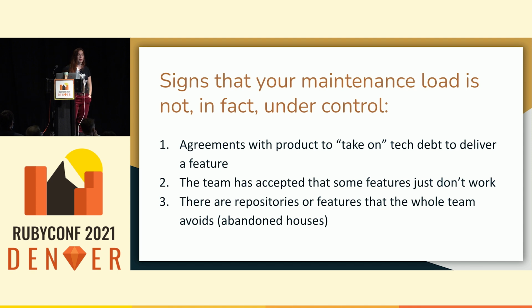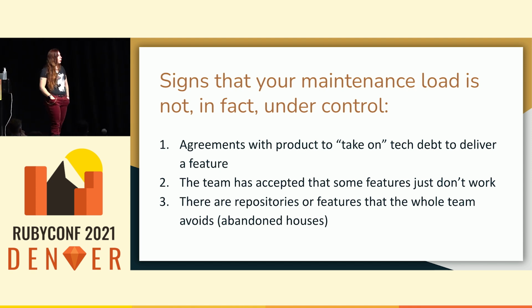What are some of the signs? Signs that your maintenance load is not under control might include agreements with product to take on tech debt to deliver a feature. Hey, this boat's got to get from here to there. Do you mind taking on a little water just until we get there? Promise we'll let you bail it out when we get there. Maintenance load's not under control.